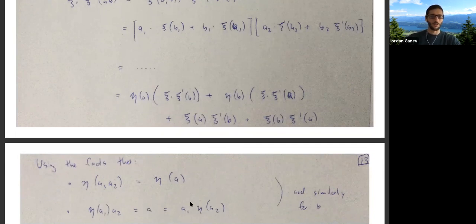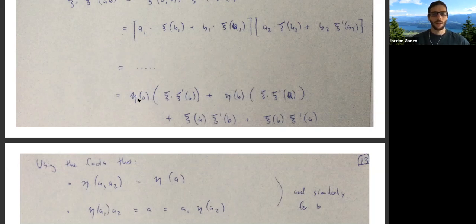And actually, the second line is really the co-unit axiom, and the first line follows from the second line, because we just apply eta to both sides of the second line, and we get the first line. So maybe I should have written them in the reverse order. But the second line is just the co-unit axiom. And if we do all that, then we get that this is the following expression.